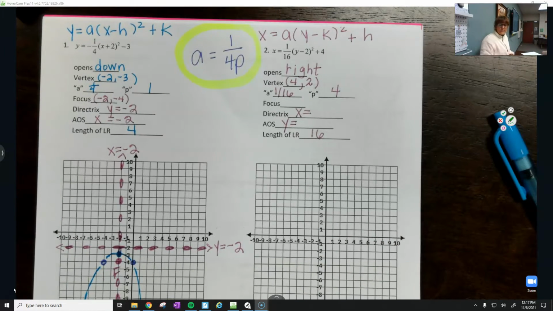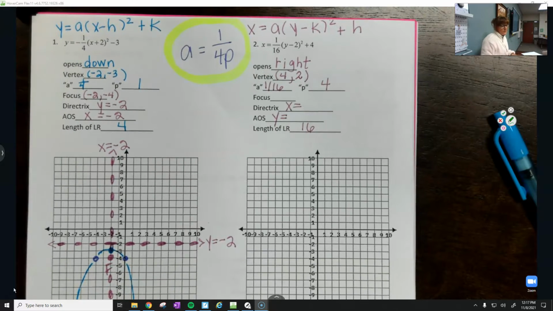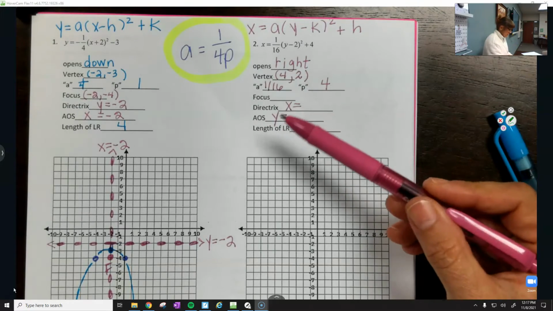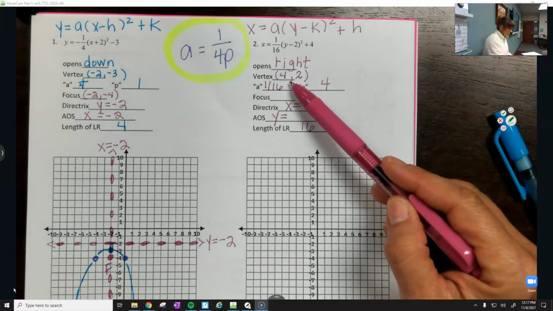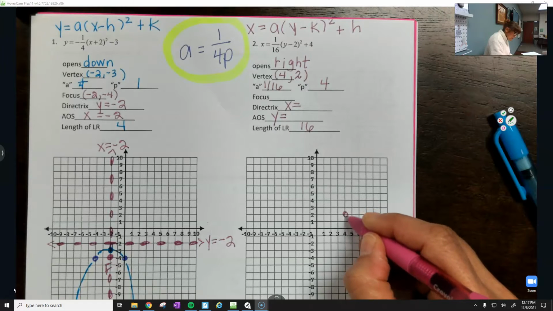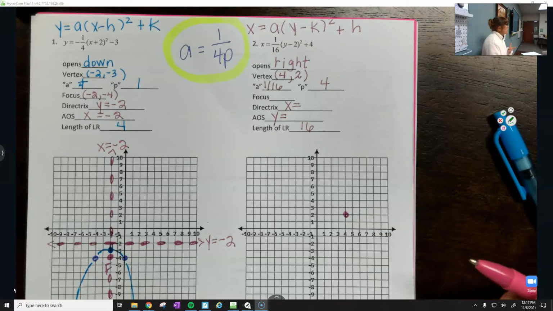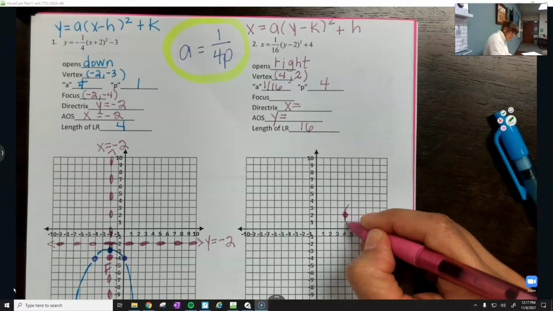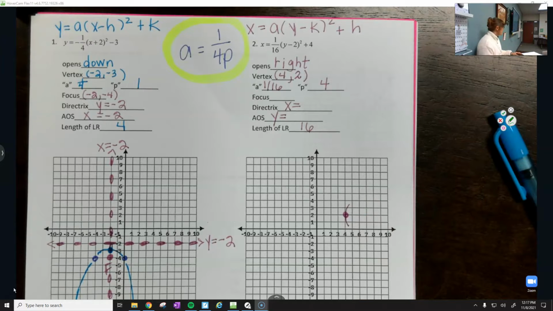Okay. So now what we're going to do is same thing, start plotting the vertex and then shape the curve of the opening. So the vertex is going to be here at +4, +2. And remember, this time it opens to the right, so I'm going to shape my vertex towards the right. Now it's time to plot the focus.